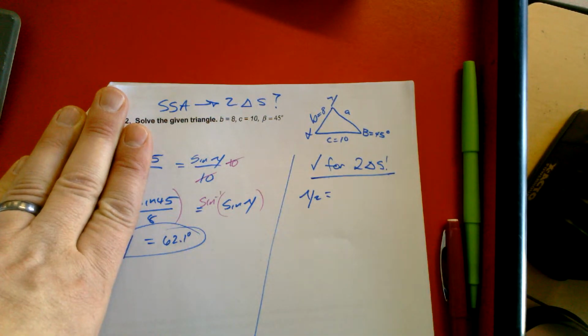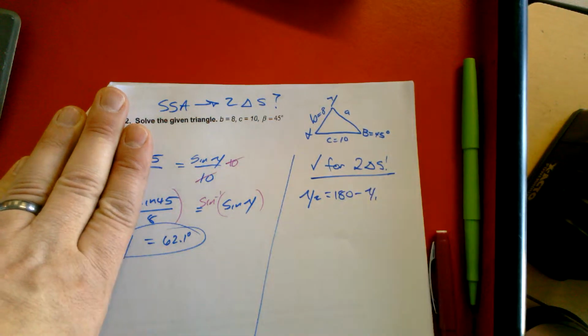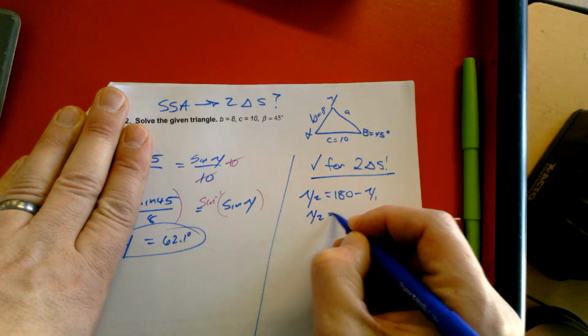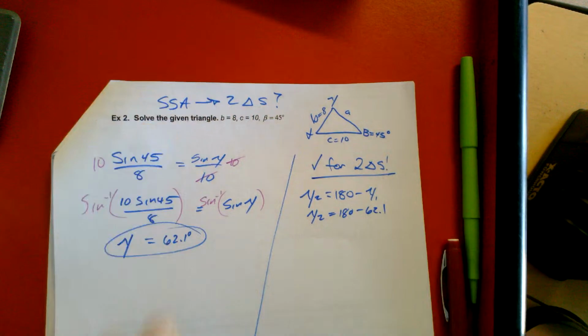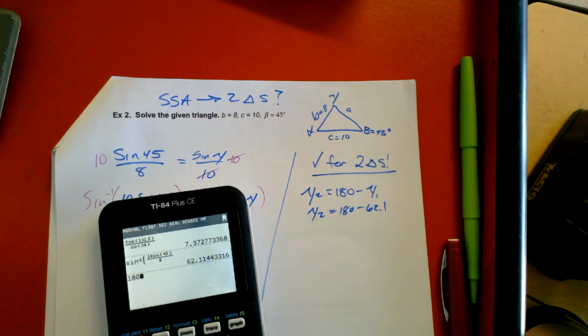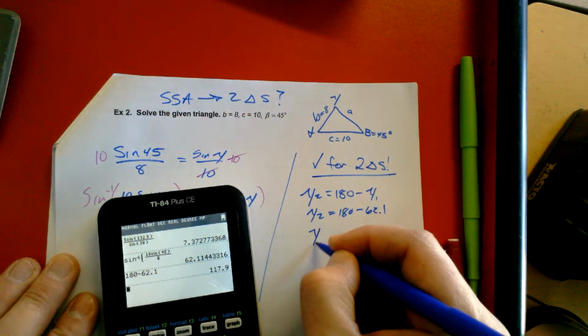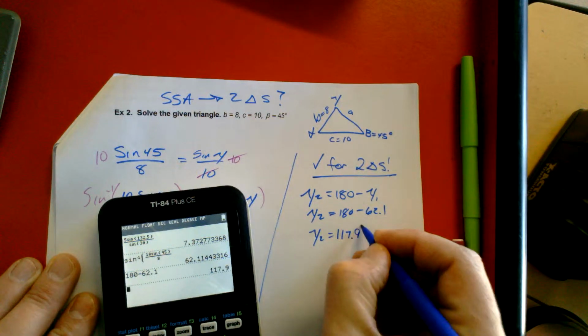Gamma 2 would be 180 minus gamma 1. So again, gamma 2 would be 180 minus that angle I just found, 62.1. All right, so I take 180 minus 62.1. That will give me its supplement, 117.9 degrees.